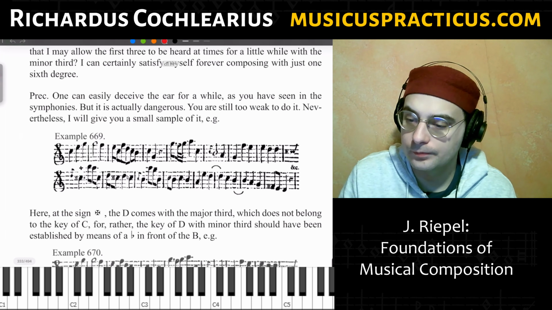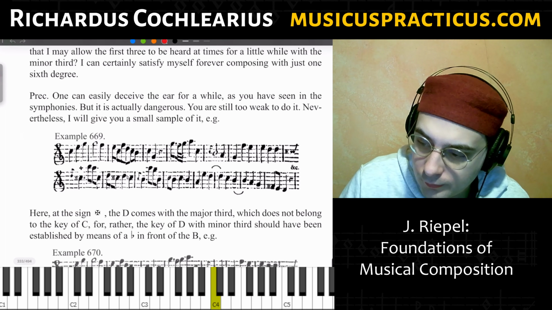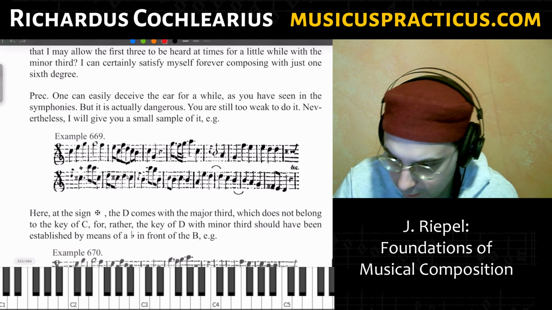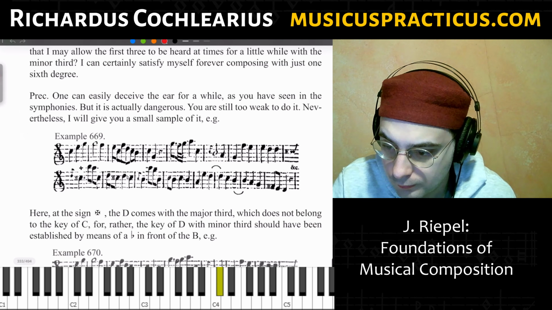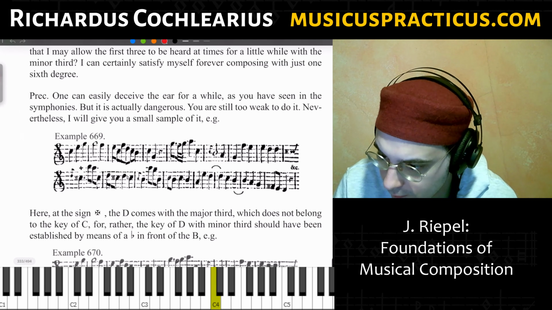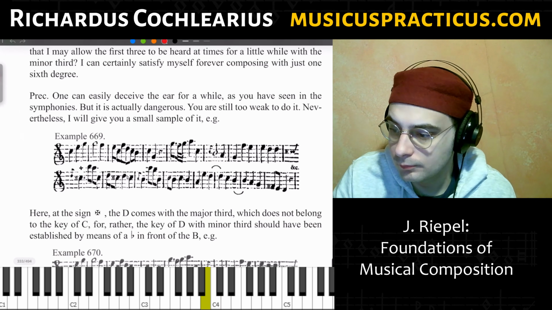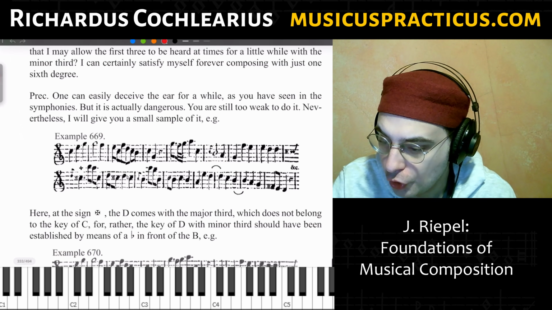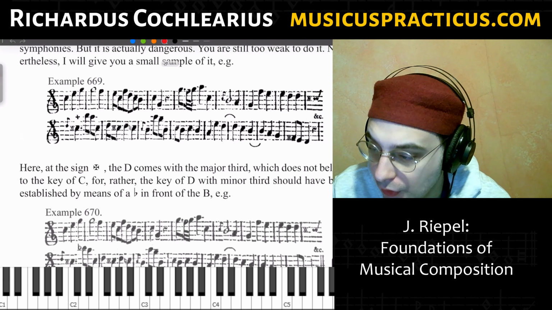Let's see. Here at the sign of the cross, D comes with a major third.